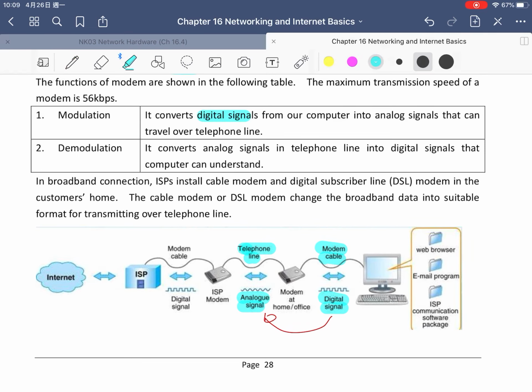It changes digital data into analog data so that it can transmit through the telephone line. And then you can demodulate, change the analog signal in the telephone line back to the digital data signal for computer. For example, the modem here changes the data from analog to digital.